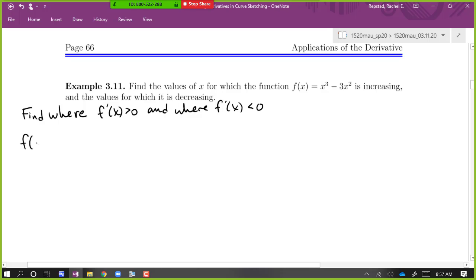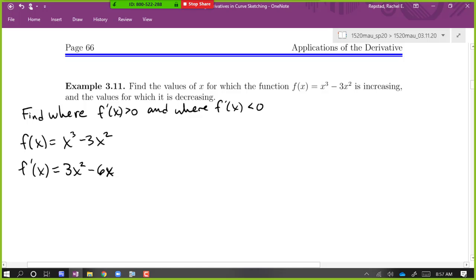So, okay, my function f of x is x cubed minus 3x squared. I'm going to find f prime. A nice simple power rule derivative, 3x squared minus 6x. Once we have the derivative, our next step is to factor it.